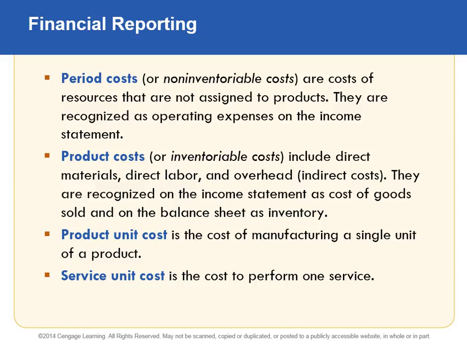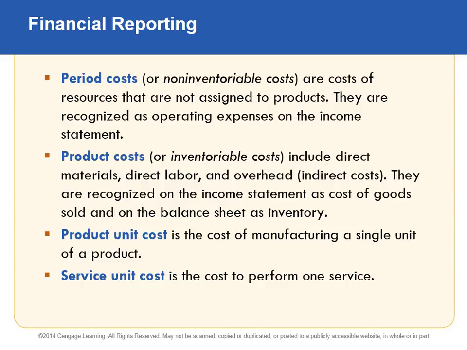Product costs are inventoriable costs. That means they have inventory that you can touch and see. They include direct material, direct labor, and also some indirect costs, some overhead. Remember, overhead and indirect are synonymous. They are recognized on the income statement as cost of goods sold and on the balance sheet as inventory.